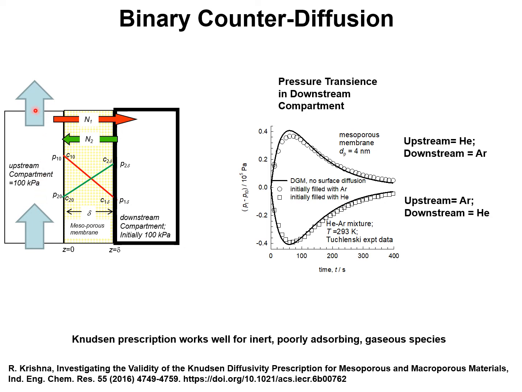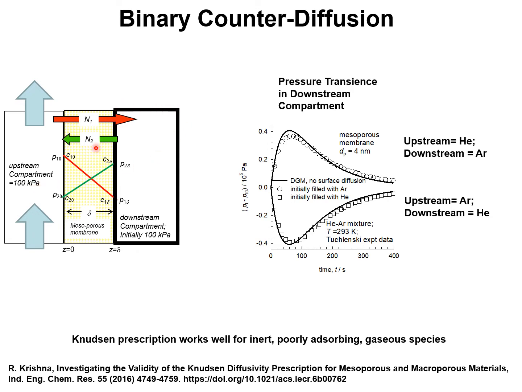We have a binary mixture in the upstream compartment and a binary mixture in the downstream compartment containing the same two species. The upstream compartment works under through flow conditions, and the total pressure is maintained at a constant composition at a total pressure of 100 kilopascals.